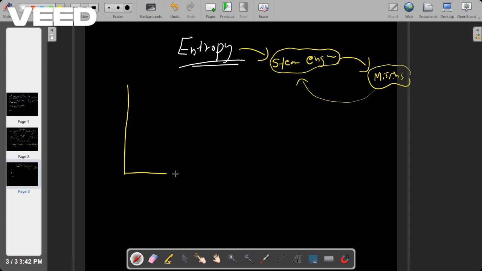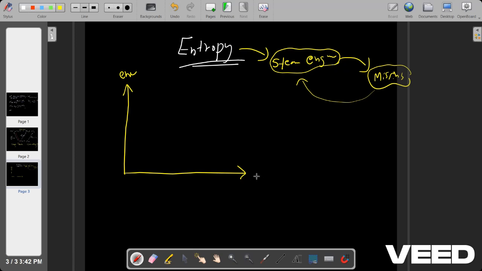When you look at the enthalpy diagram for exothermic reactions, can you remember? Here the energy, here the reaction coordinate or the time. If we place the reactants here for exothermic reactions, where would you place the products?